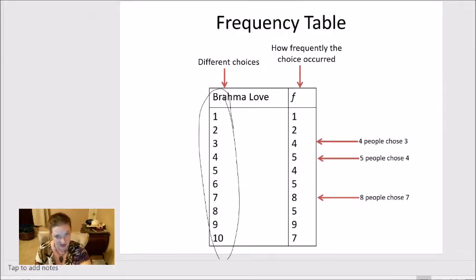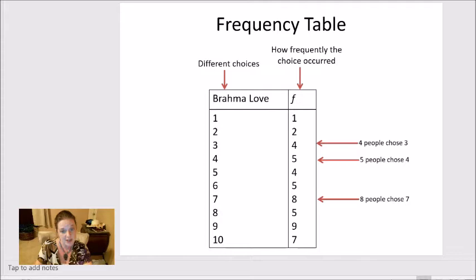On the right-hand side, along this column here that has F at the top, this is going to be how frequently the actual score occurred. So if you look at this frequency table, what you can see is the score of 1. For you to say, on a scale of 1 to 10, how do I feel about the Brahmas? I'll give that a 1. Only one person gave that score.